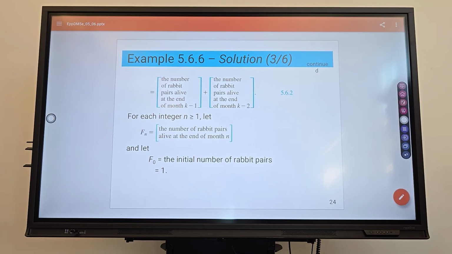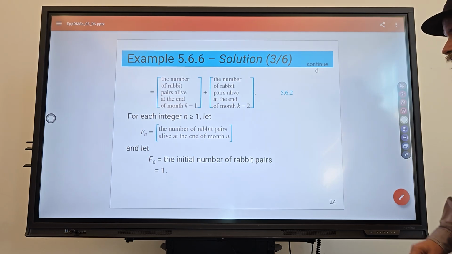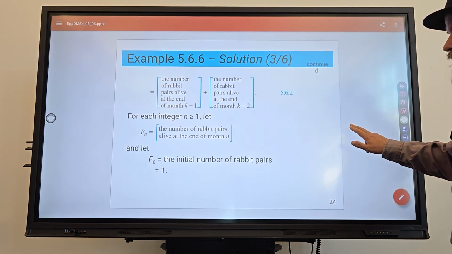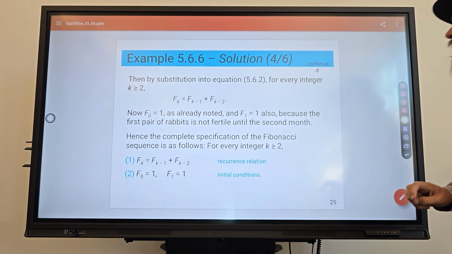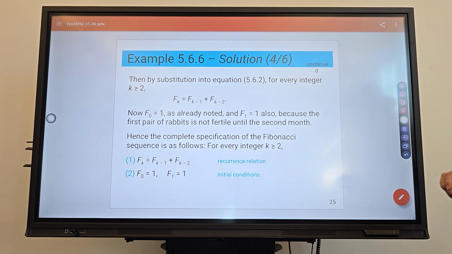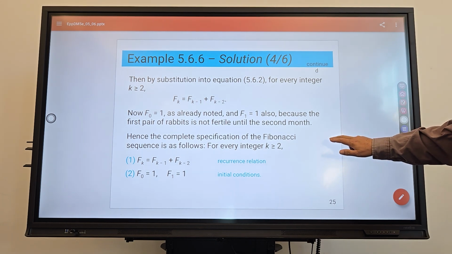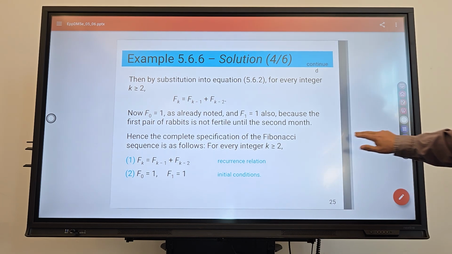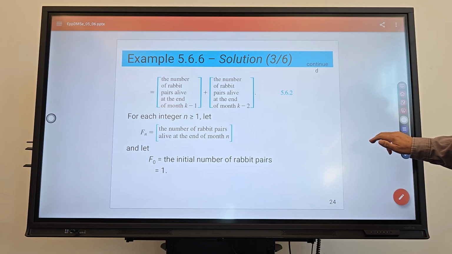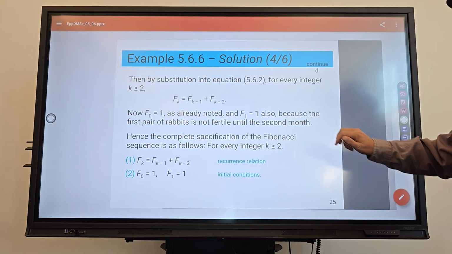For each integer n greater than or equal to 1, let f sub n be the number of rabbit pairs alive at the end of month n. And the initial number of rabbit pairs would be equal to 1 in month 0. And f sub 1 is 1 as well.